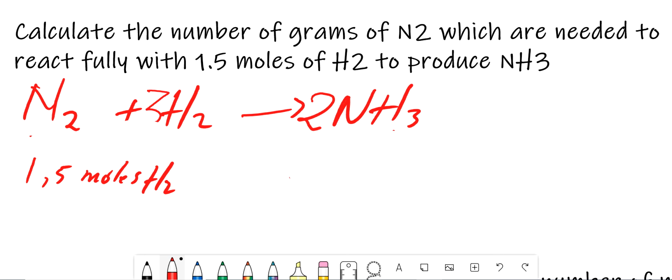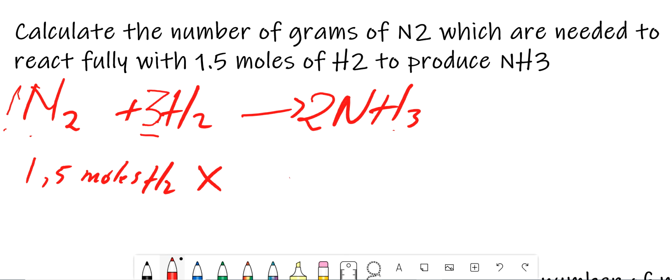Like I said, you need to make sure the equation is balanced. Now you will use the mole ratio in order to calculate the number of moles of nitrogen before you calculate the grams. The mole ratio between these, you take it from the chemical equation.